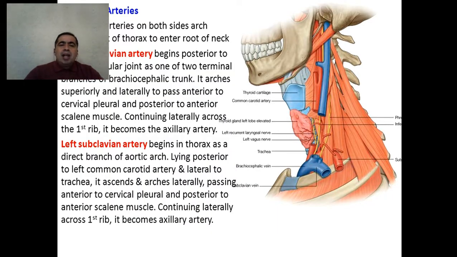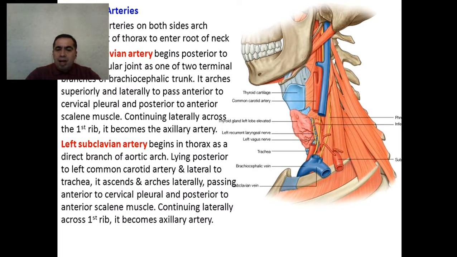The right subclavian artery begins posterior to the sternoclavicular joint as one of two terminal branches of the brachiocephalic trunk. It arches superiorly and laterally to pass anterior to the cervical pleura and posterior to the anterior scalene muscle. Continuing laterally across the first rib, it becomes the axillary artery.